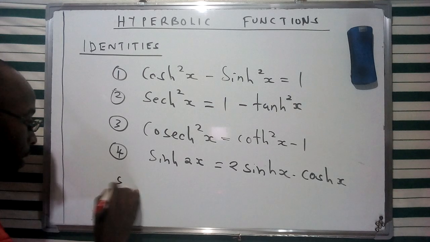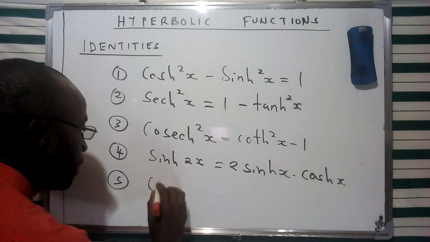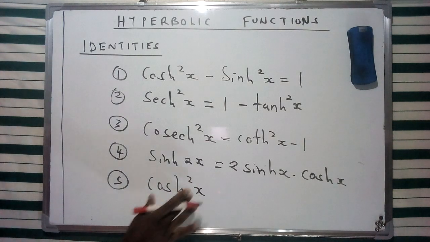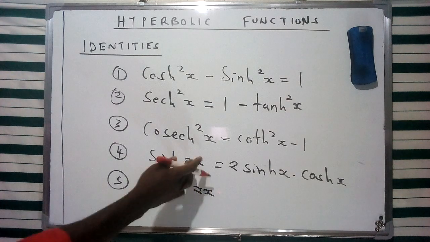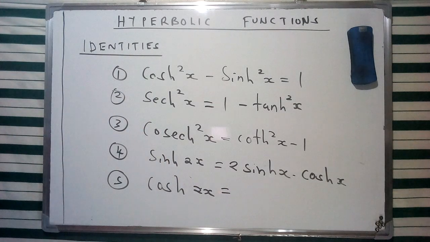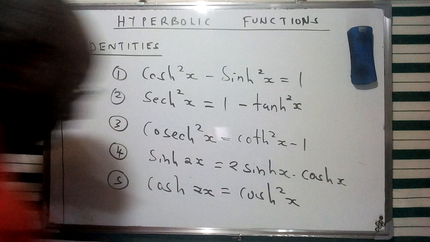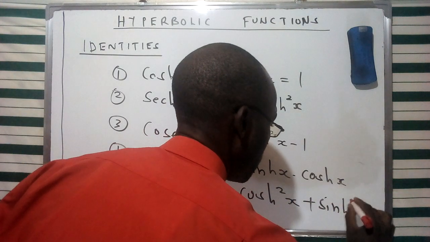And then, last but not least, the cosh of 2x. This is an analogy of the first one. It's equivalent to cosh square of x plus sinh square of x.